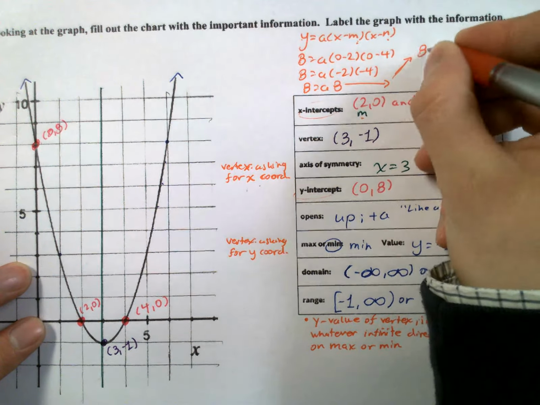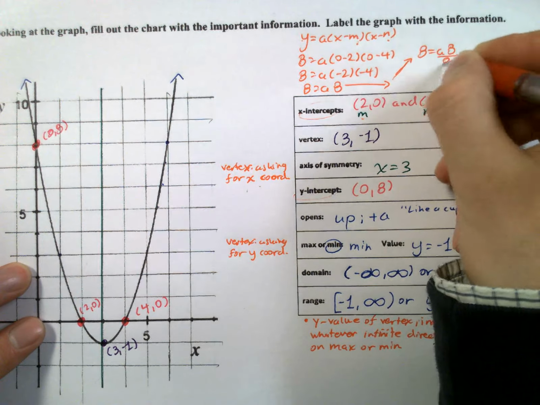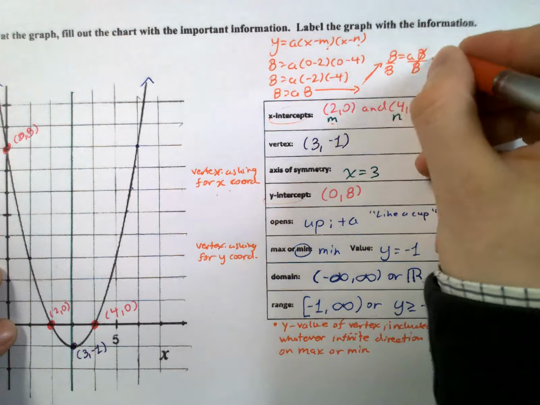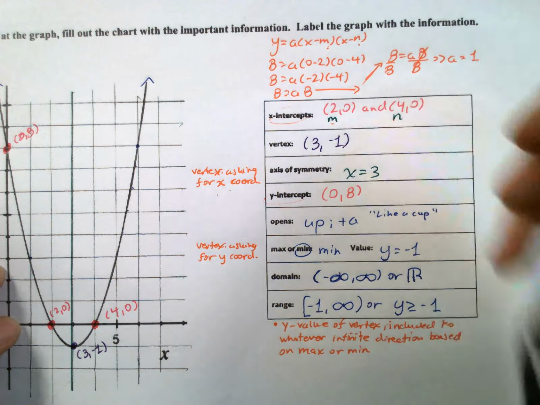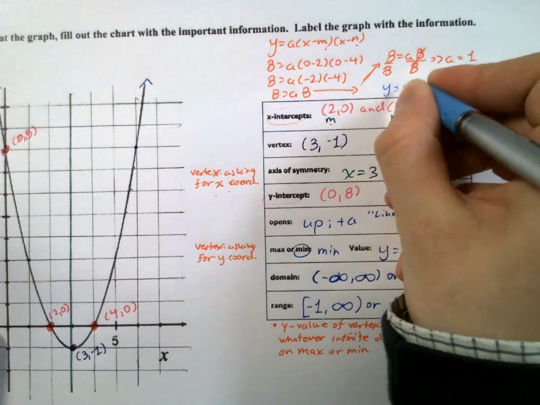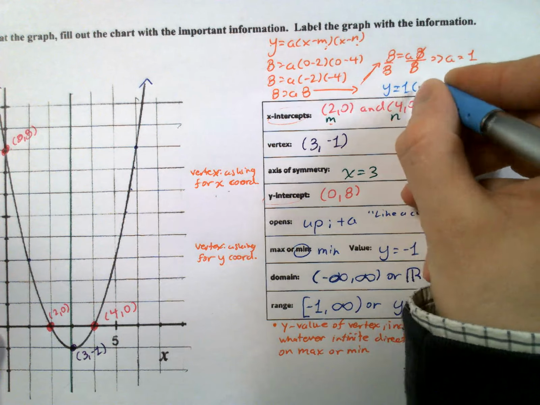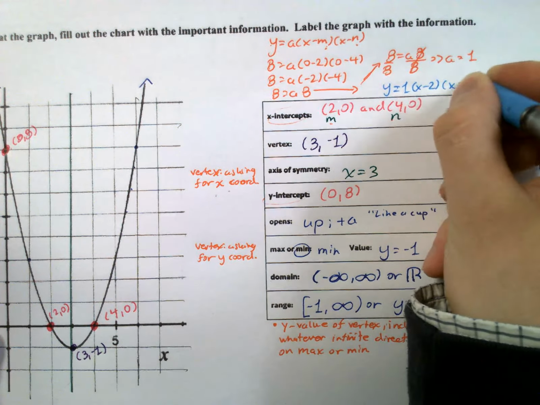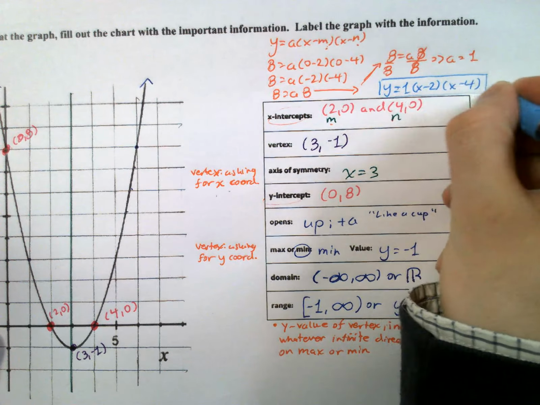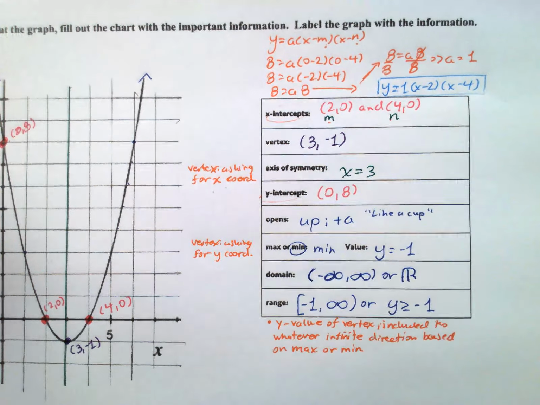We're going to divide both sides by 8. The 8's cancel. So a equals 1, which means my equation for this will be y equals 1 times (x minus 2) times (x minus 4). And there is my equation.